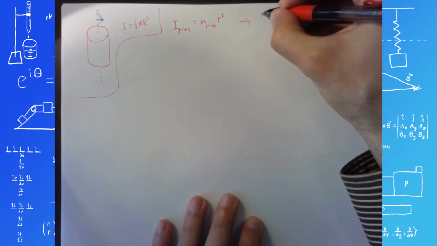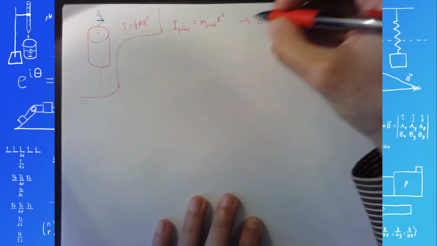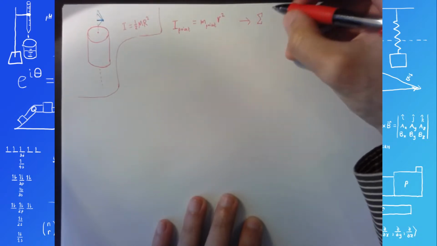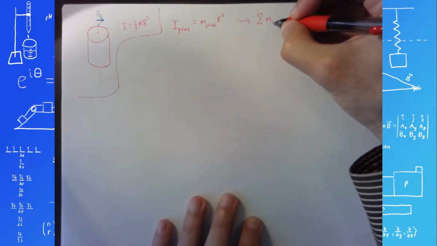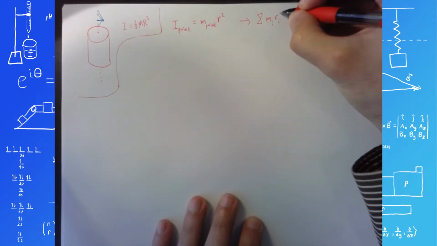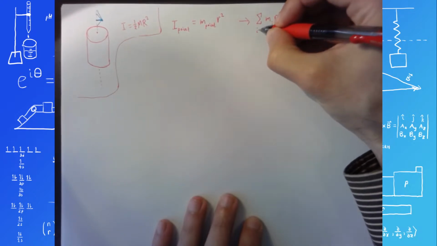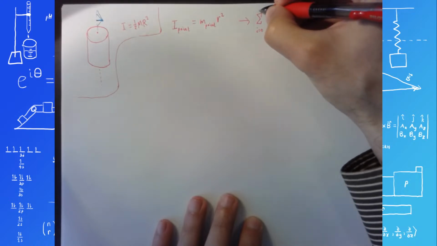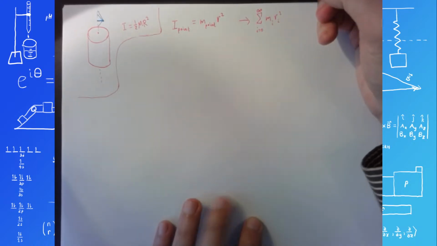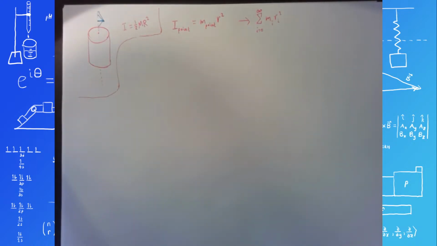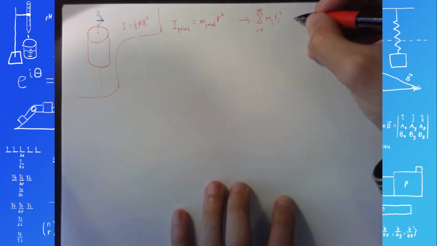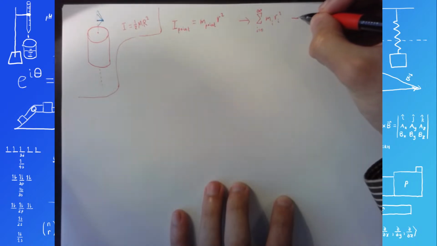You find a way to calculate the sum of the moments of inertia for all of the individual points. And I guess this would end up being some sort of infinite sum, because you can chop a solid object into an infinite number of points, and that eventually turns into some sort of integral.